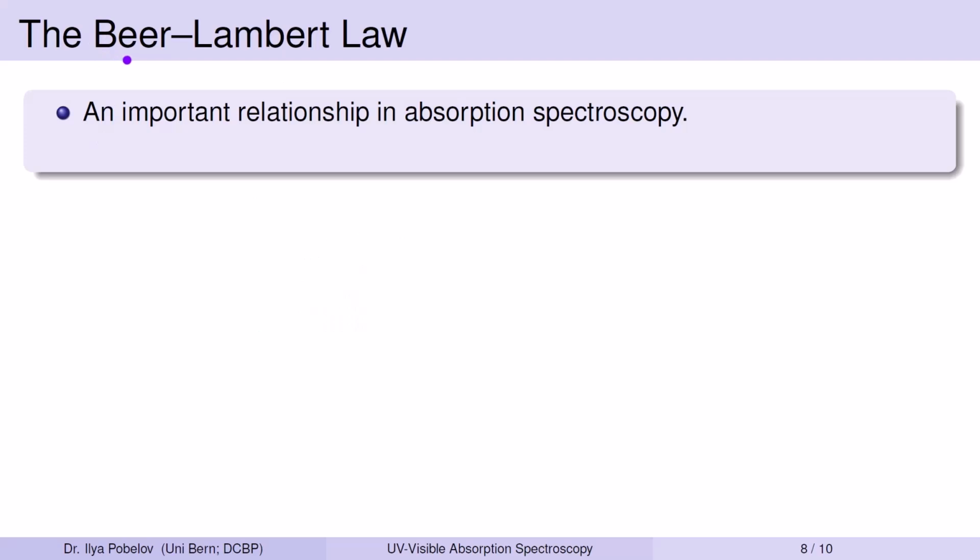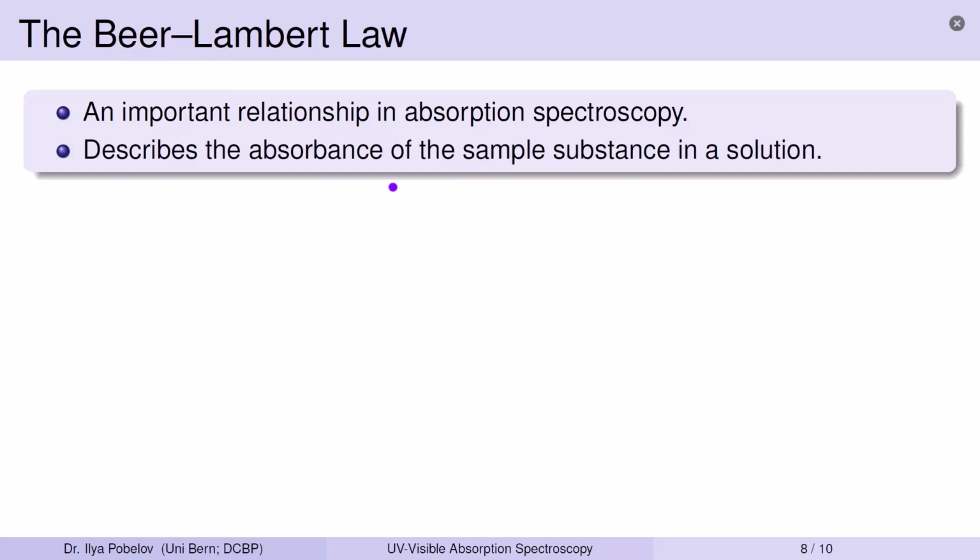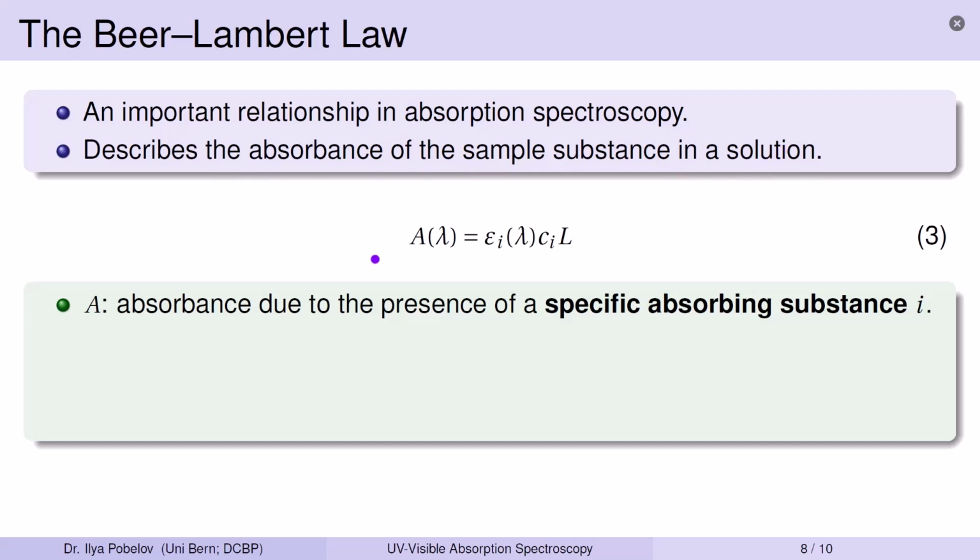The Beer-Lambert law is an important relationship in absorption spectroscopy, including UV-Vis. It describes the absorbance of the sample substances in a solution. This law is represented as absorbance A due to the presence of a specific absorbing substance being equal to the product of three quantities.